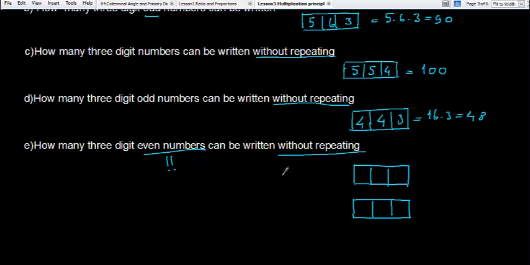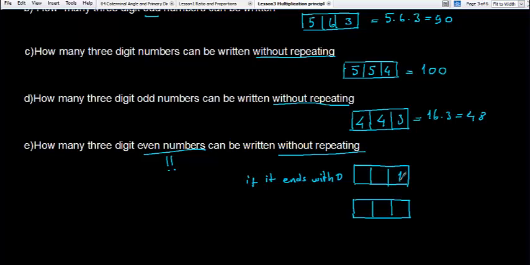Here we are going to say if it ends with 0. Even numbers end with 0, 2, 4, 6, and 8.